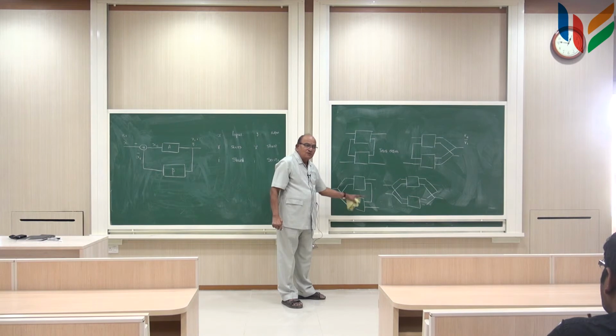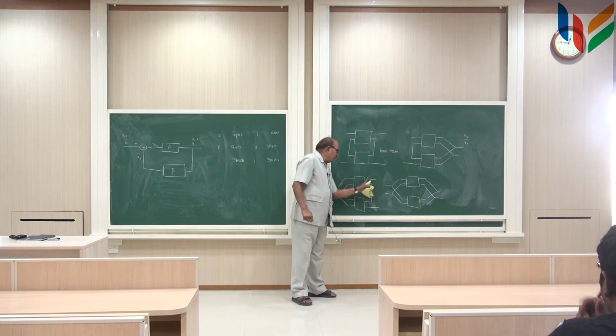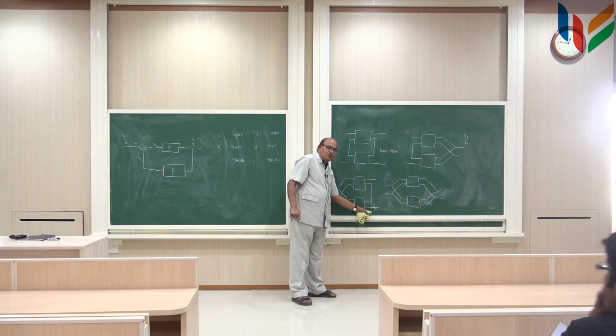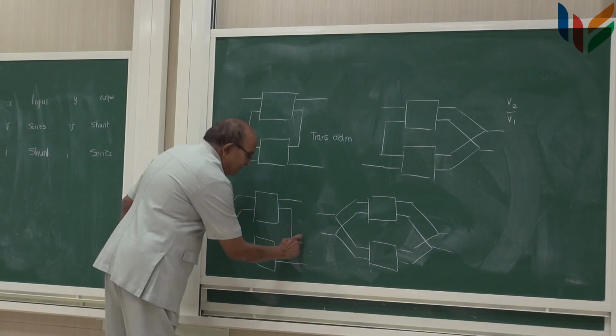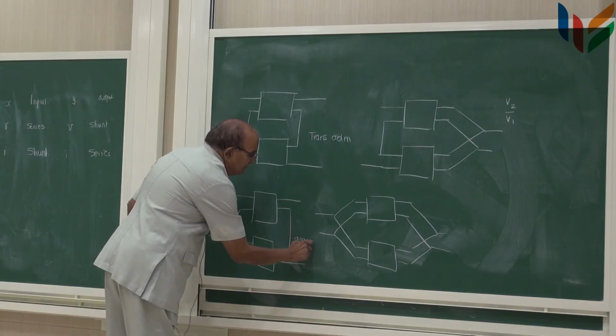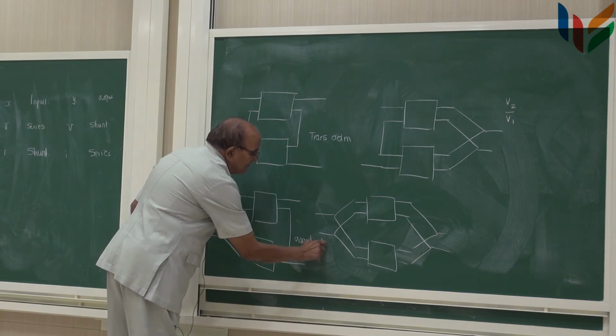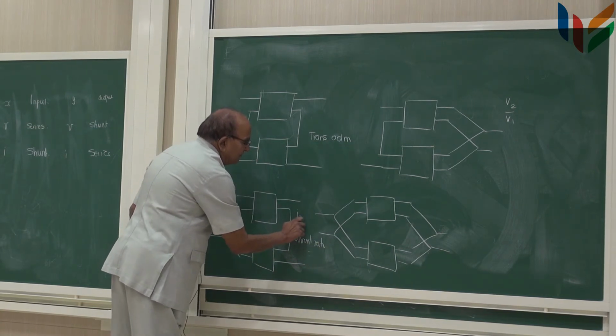I by I, right? Current ratio. Because common parameter here is current, and the input side differencing is again for the current. So this is a current ratio. I2 by I1.